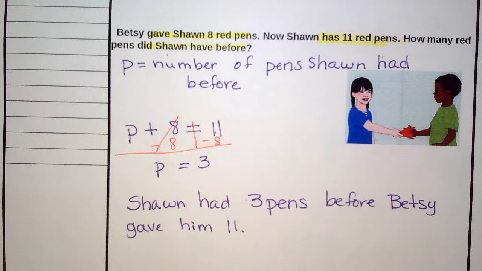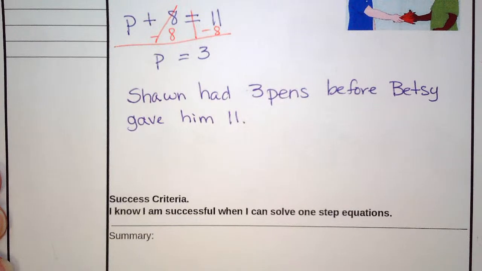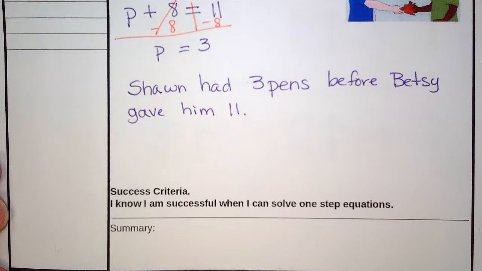So, as you can see, we're looking at undoing one step. If we've added, then we subtract. If we subtract, then we add. If we've multiplied, then we divide. If we've divided, then we multiply. You know you're successful when you can solve one-step equations.